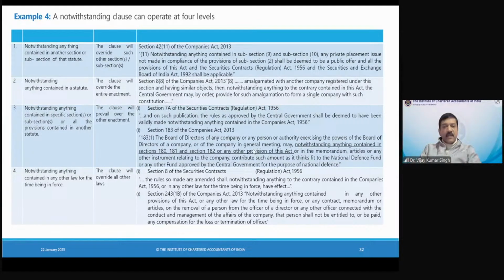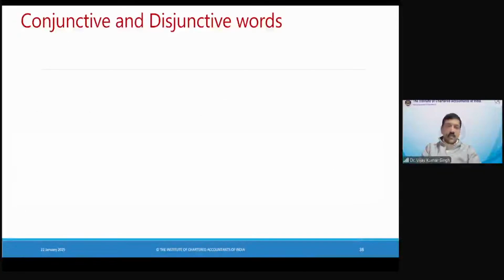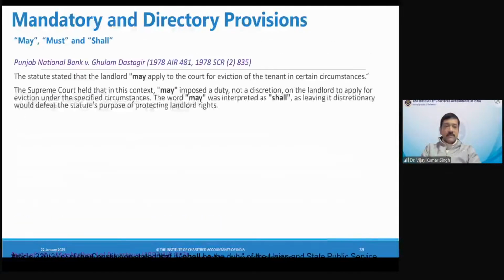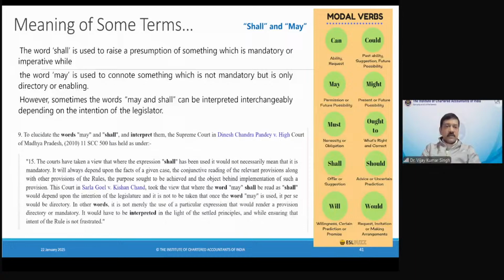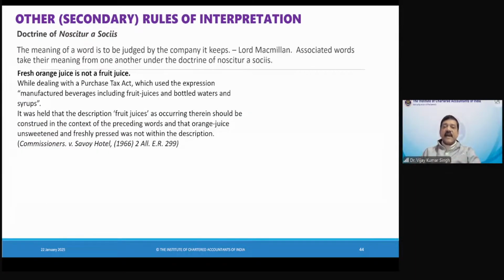Yes. Now let us talk about Sabah Shakil's question on Noscitur a sociis. Noscitur a sociis basically says that wherever there are a number of words together, you have to read the words as per the company they keep. I gave you the example here that fresh orange juice was not considered as a fruit juice.